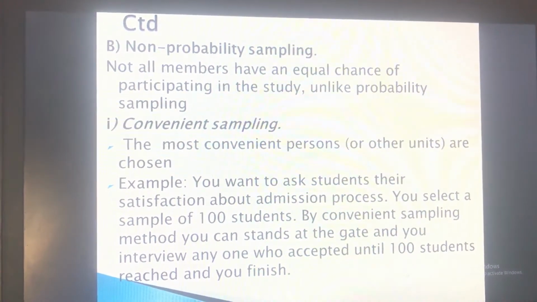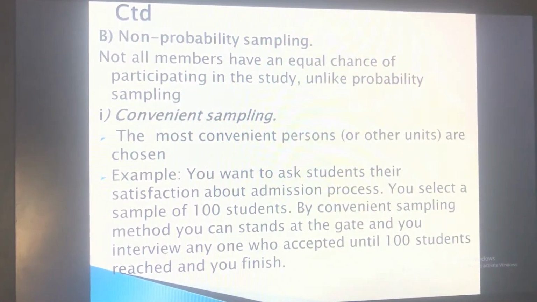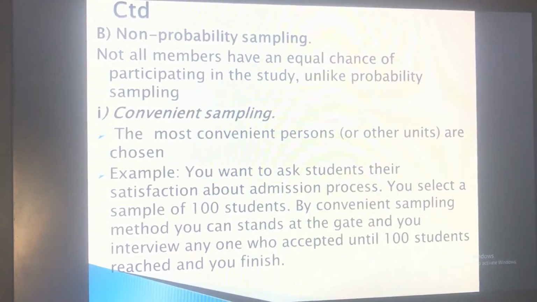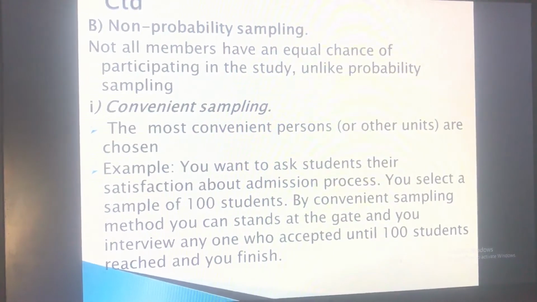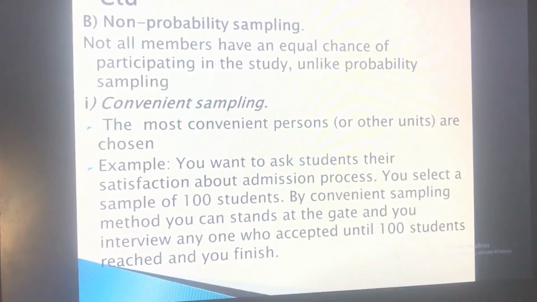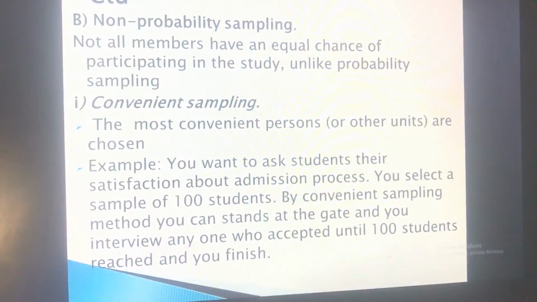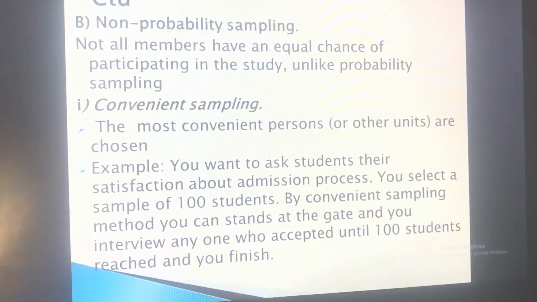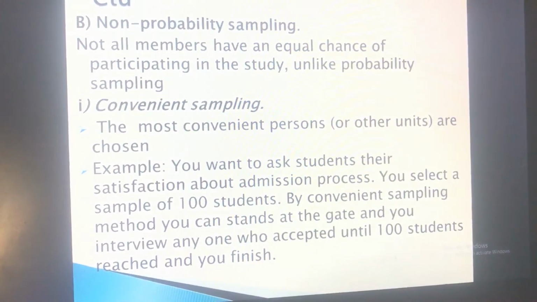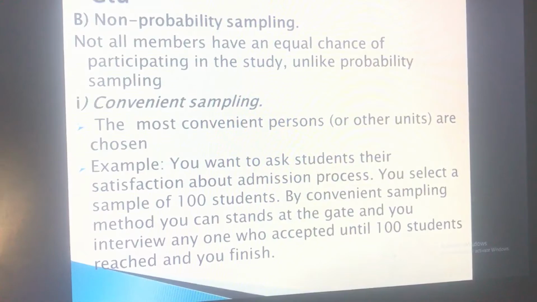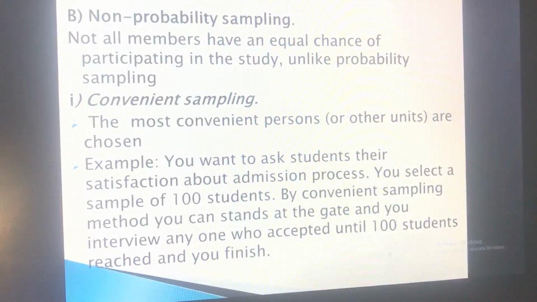What about non-probability sampling? In non-probability sampling, not all members have an equal chance of participating in the study, unlike probability sampling. We can use convenience sampling. In convenience sampling, the most convenient persons are chosen. Let me give you an example. You want to ask students their satisfaction about the admission process, and you select a sample of 100 students.